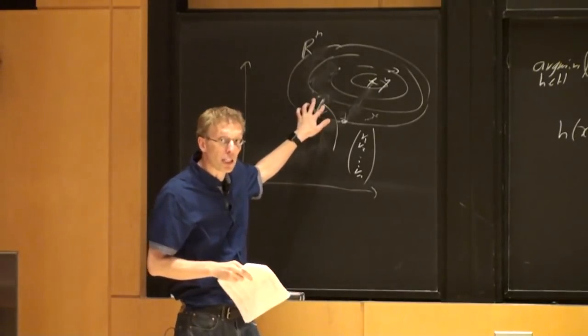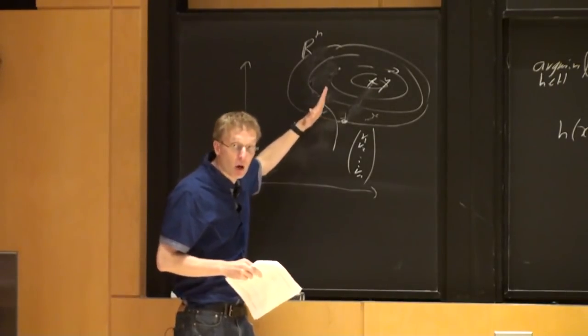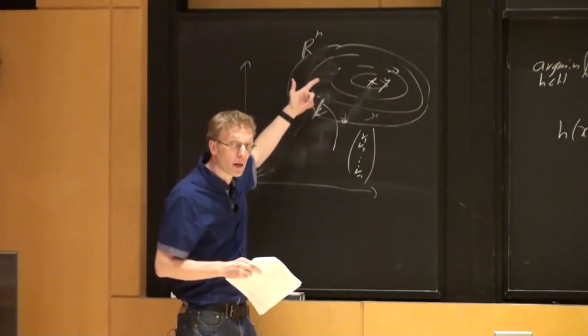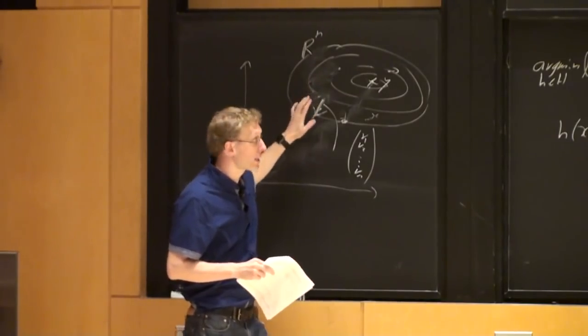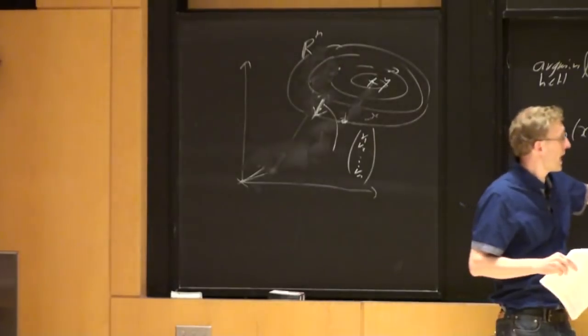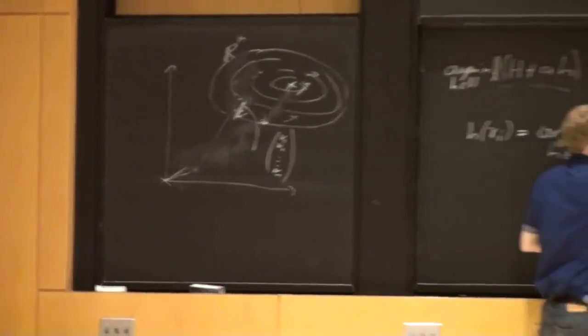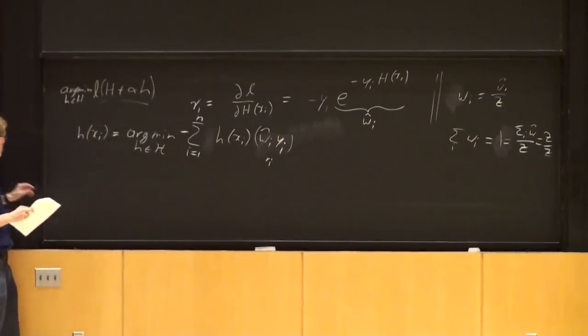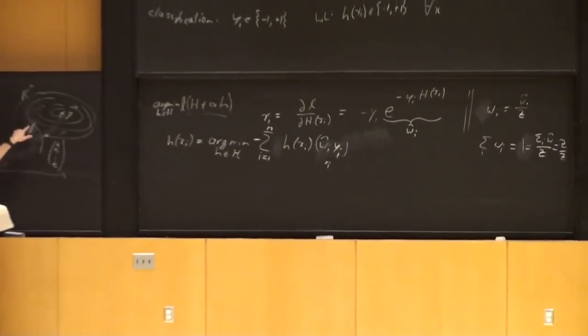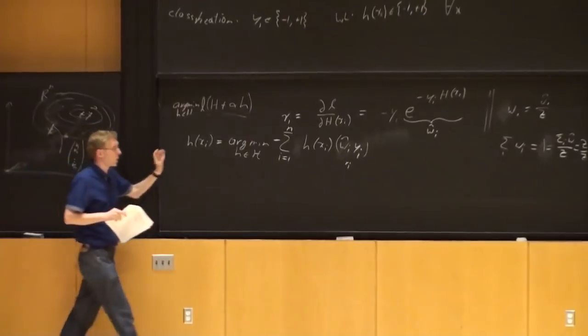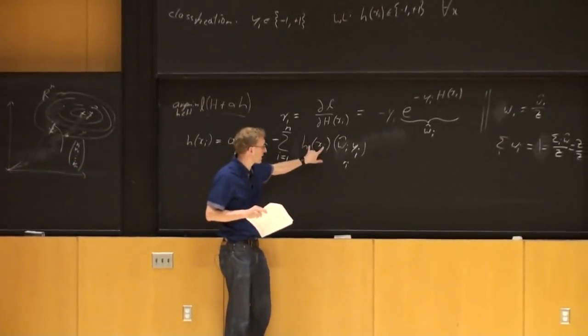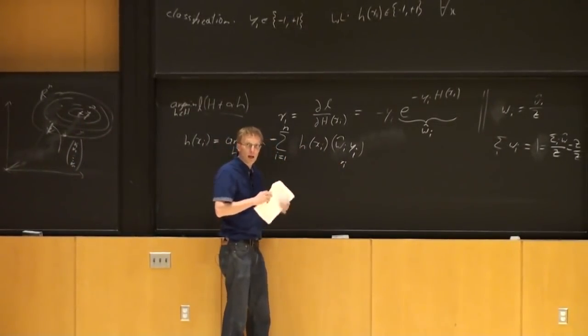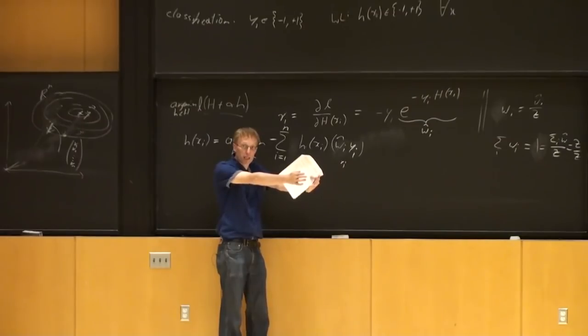Now I want to find a function h that is aligned, that points down here. So what I want to do is find a function h that has minimum inner product with this here, which is my Ri. So this is basically the inner product between the R vector and my H vector. I just go over all dimensions and compute H of xi times Ri and so on. That's exactly the inner product between these two vectors.